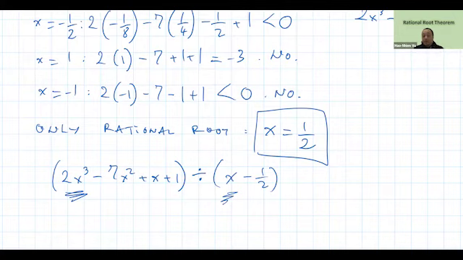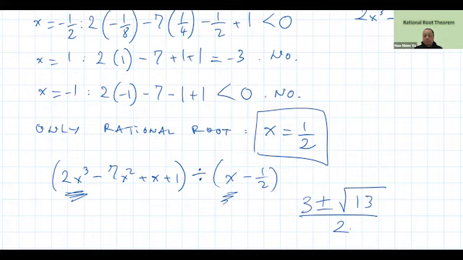Then I can solve using the quadratic equation. If you want to go ahead and do that, hit pause, because spoiler alert, you will find that the remaining roots are 3 plus or minus square root of 13 divided by 2. In other words, the other two roots are irrational.